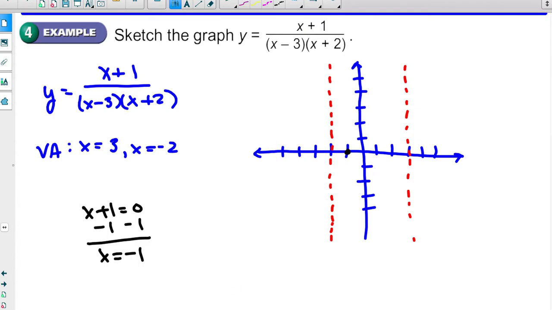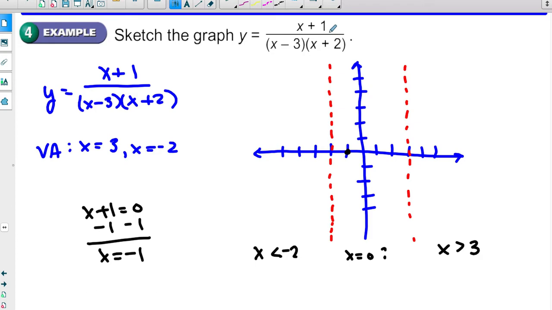So what happens when my x is less than negative 2? What happens when my x is greater than 3? For example, what happens when x is less than negative 2? That would make this a negative, this a negative, and that a negative.